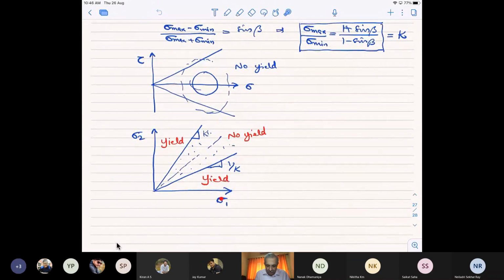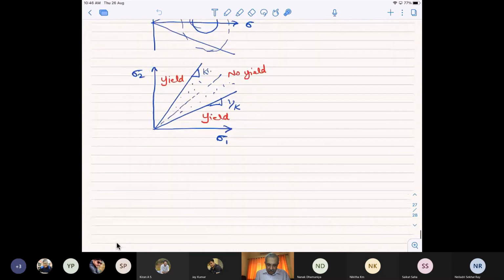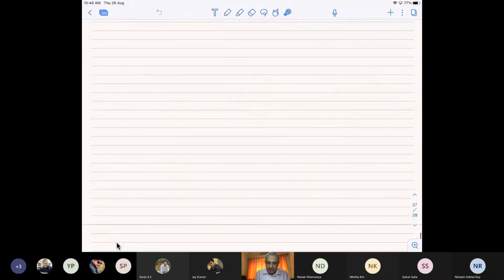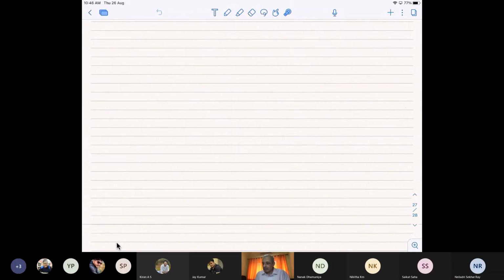Here sigma 2 and sigma 1, they could be either sigma max or sigma min. This line is when sigma 1 is sigma max, and this line corresponds to the case when sigma 2 is sigma max. And the yield criterion becomes the ratio of these two is equal to K. So let's go ahead with this.